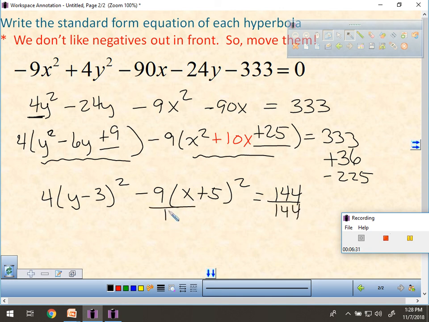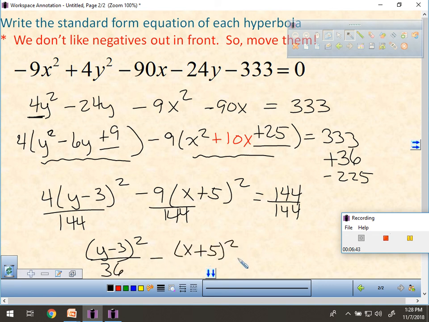Divide everything by 144. And so here's what you're going to get. 144 divided by 4, so you're going to get (y minus 3) squared over 36, and then (x plus 5) squared over whatever 144 divided by 9 is, that's 16, equals 1. And that would be the equation of my hyperbola.